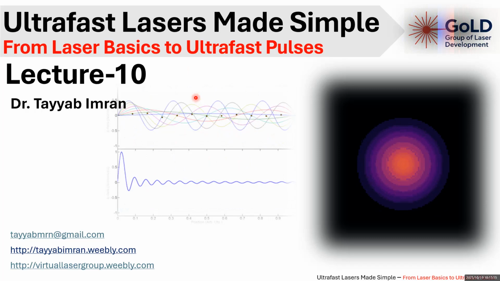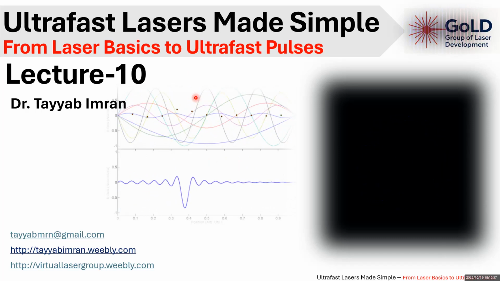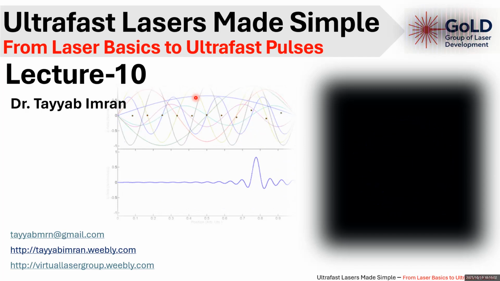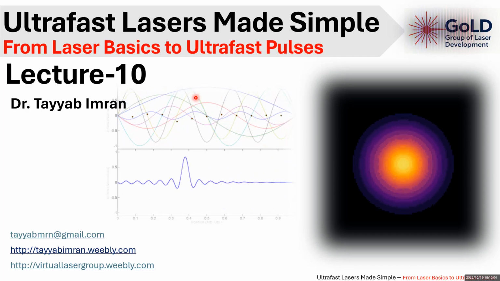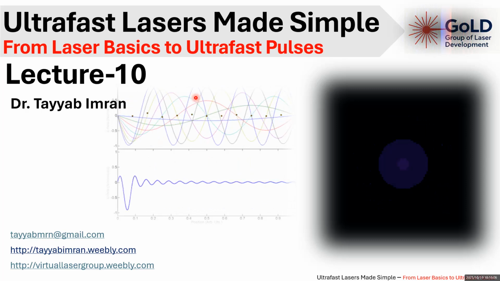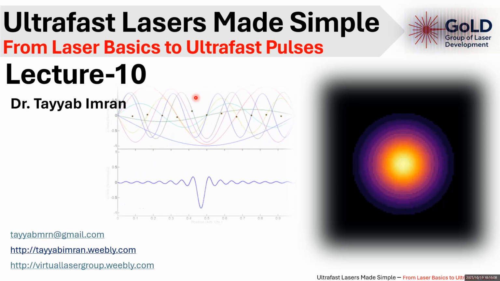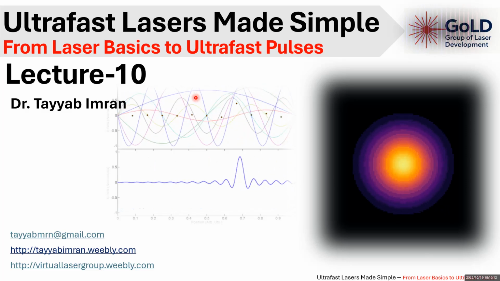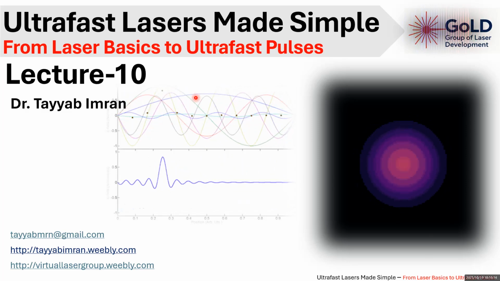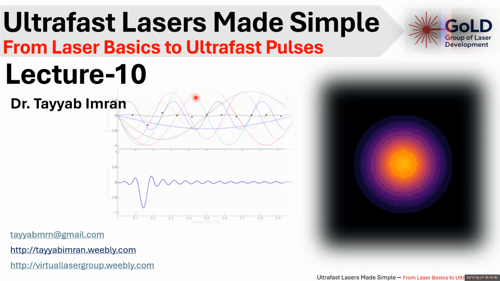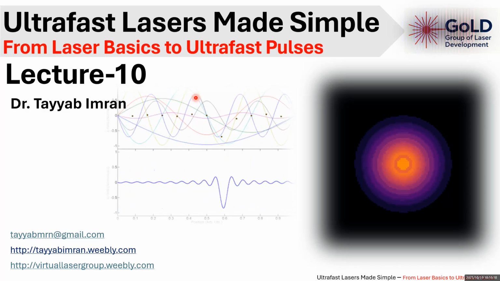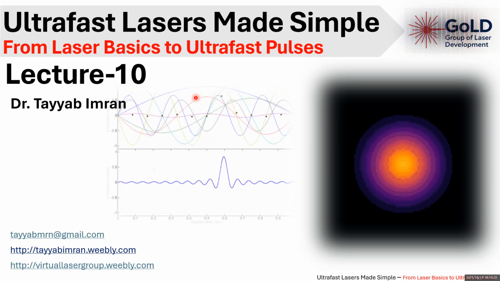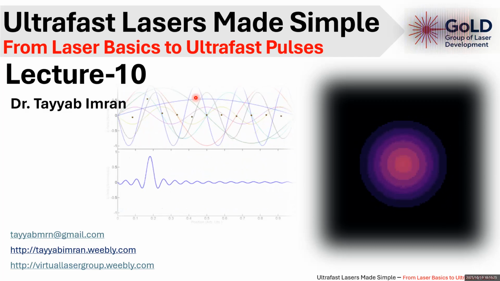Modes are different frequencies, adjacent frequencies, like 532, then 535, 540, 542, 545, whatever. If we can lock them, we can get a shorter pulse, but different techniques are used for locking them.